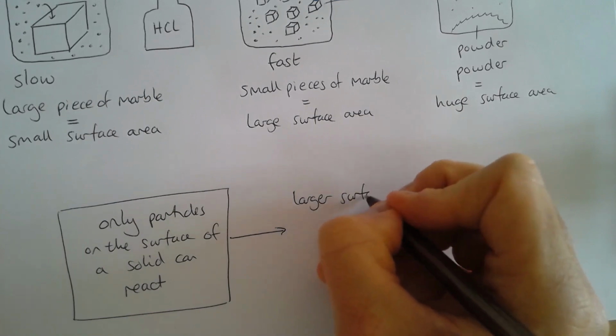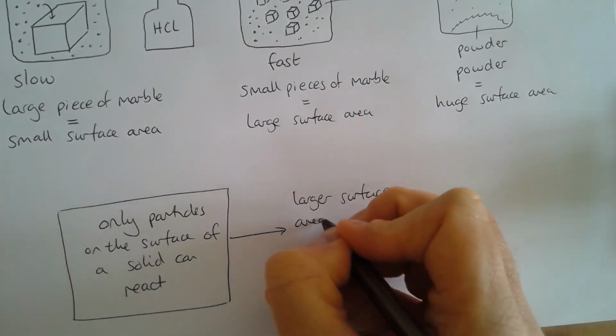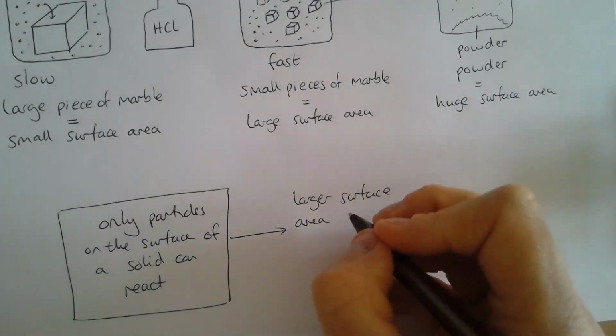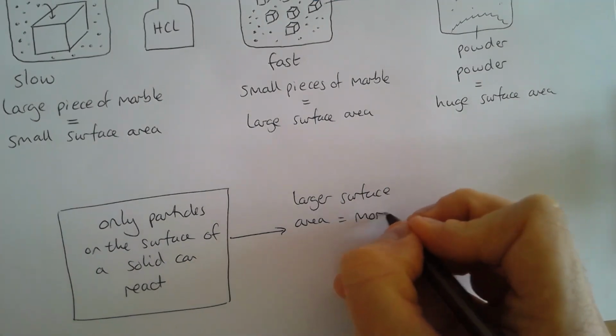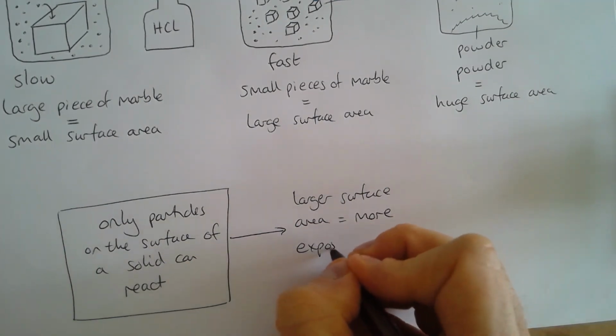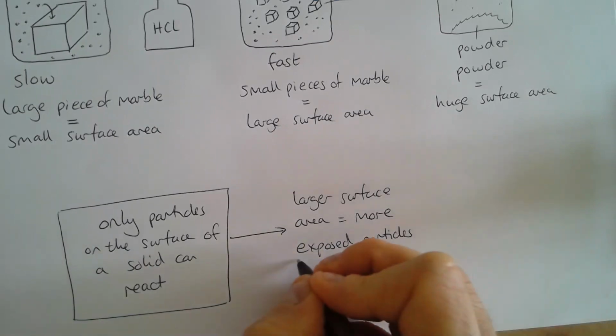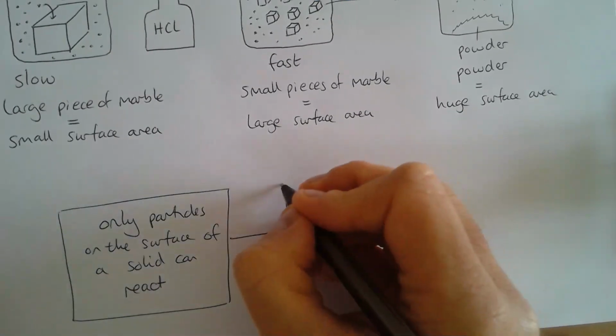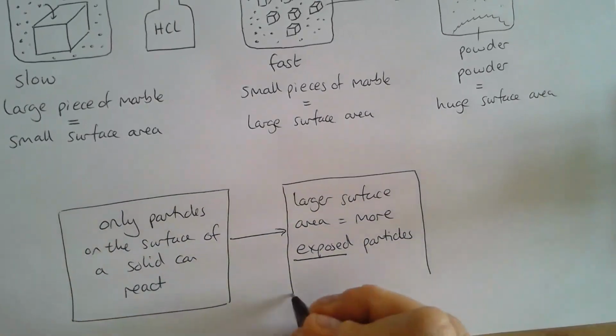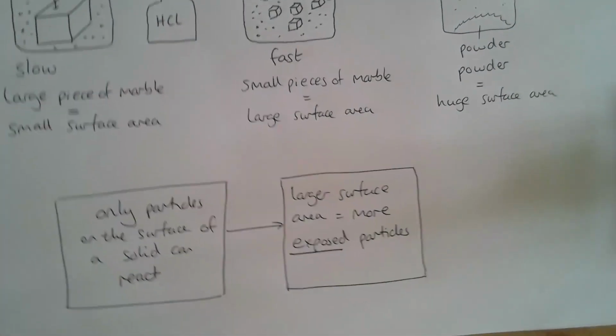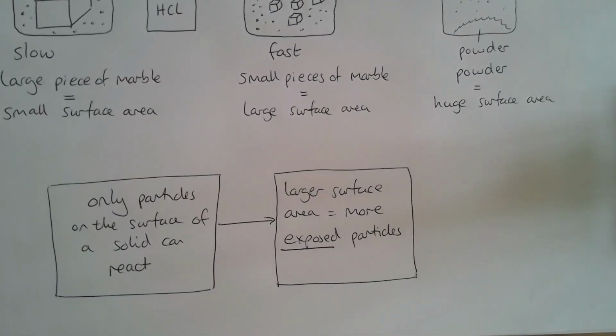So if we have a larger surface area, then we have more exposed particles. And as we've done every time when we've been looking at rates of reaction, if we increase the number of particles available to react, we increase the chance of a successful collision and therefore the rate of a chemical reaction.